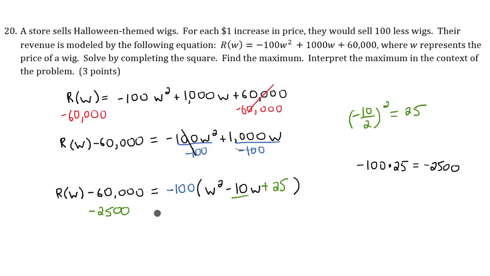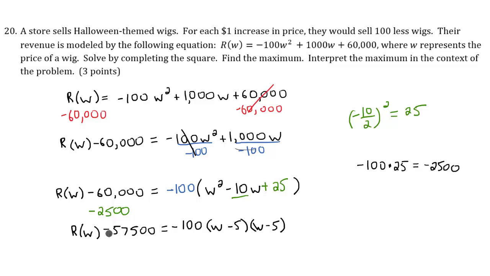So now let's go ahead and simplify this left side. I'm going to keep my negative 100 in front, and now I want to factor this trinomial. So what times what gives me 25 and adds together to be negative 10? That's going to be a minus 5. So I put that number twice there, and I finish up by writing my w. So there's my two factors. I'm going to rewrite this as the quantity of w minus 5 squared.